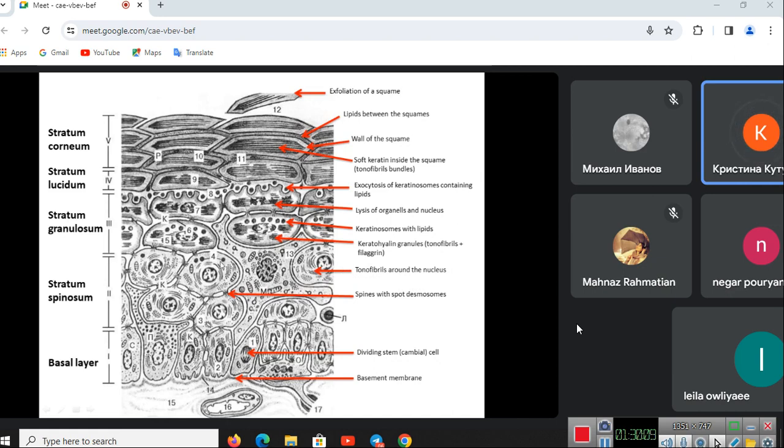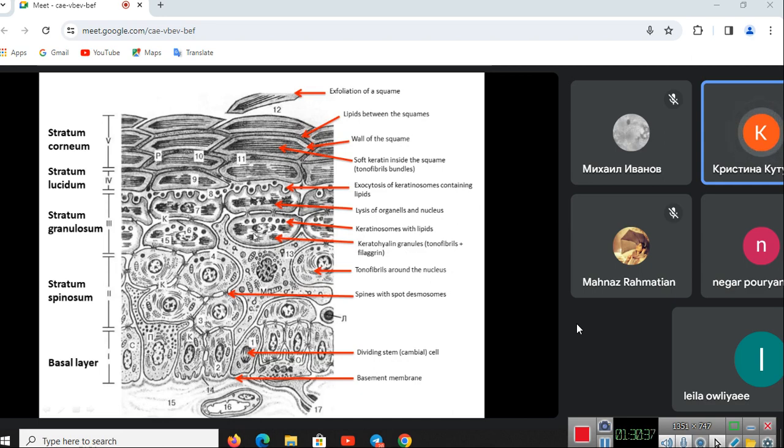Tonofibrils are located around cell nucleus. And next, they start to become glued together, they stick together with the help of the second type of protein, which is called filaggrin. And this combination of tonofibrils and filaggrin makes the so-called keratohyalin granules.